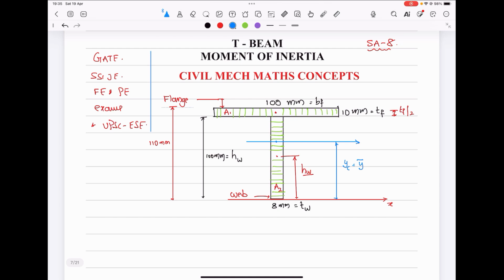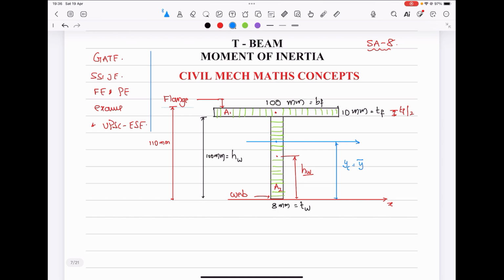In the previous 7 lectures on structural analysis, I described members, forces, types of structures, supports, then resolution of the forces, numericals on forces, and also beam theory.